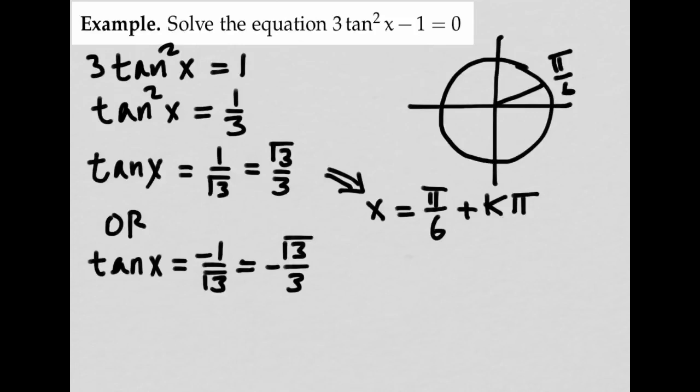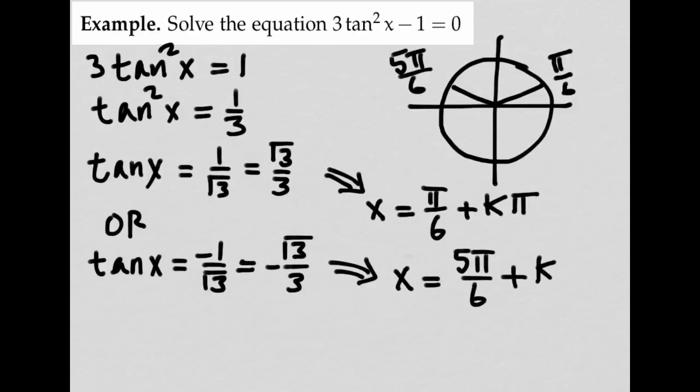And tangent x equals minus root 3 over 3 has exactly one solution between 0 and pi, namely 5 pi over 6. Notice how in the second quadrant the tangent is negative. So this tells us that x equals 5 pi over 6 plus k pi.